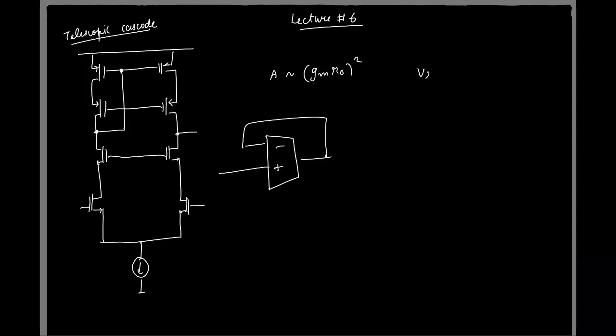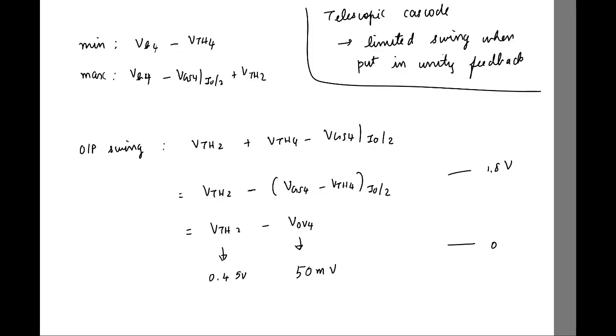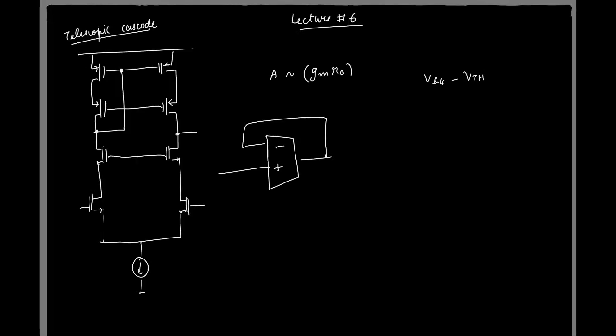The minimum was VB4 minus VTH4, sorry, the maximum, and the maximum is VB4 minus VTH4 plus VTH2. Right, this was the minimum, this was the maximum, and the total range was just a threshold minus an overdrive voltage.